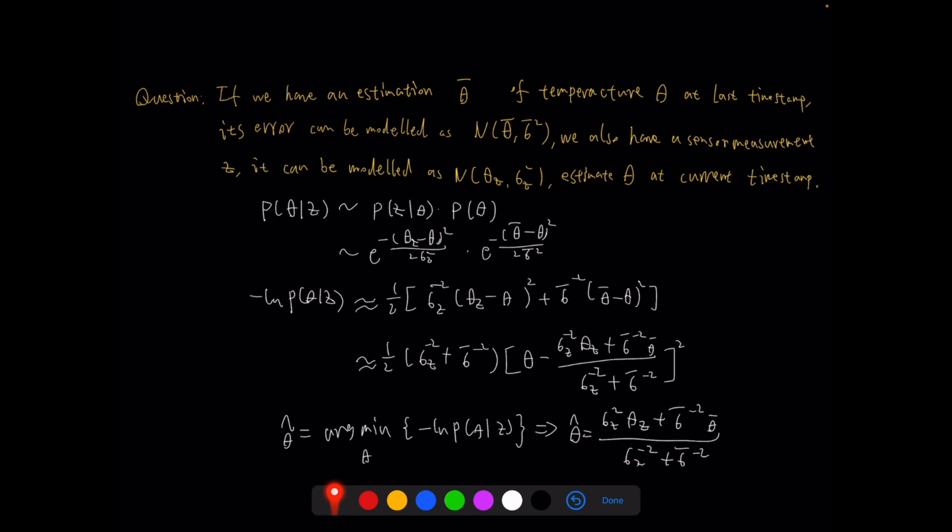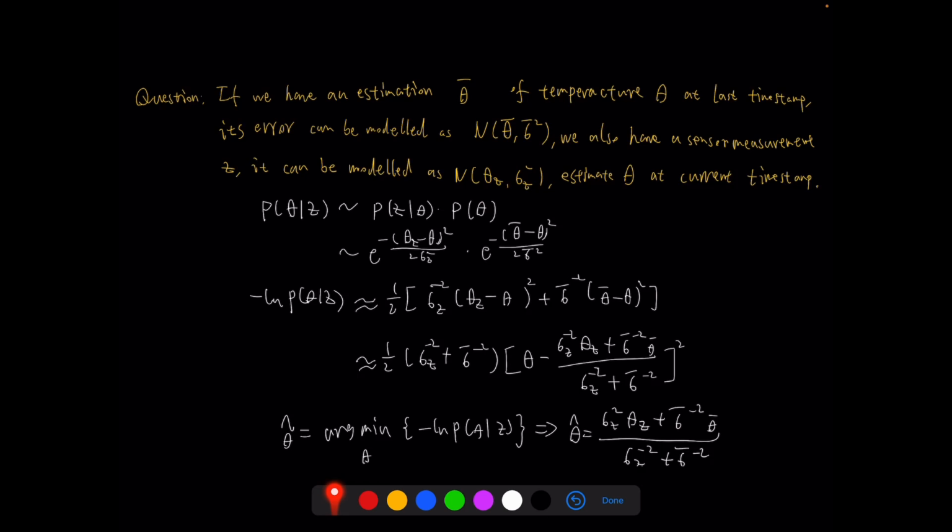One interesting thing to note here is that this is the same solution if we change the question's definition a little bit. The way to change it is that the two Gaussian distributions are given for two separate measurements, as in the previous question.